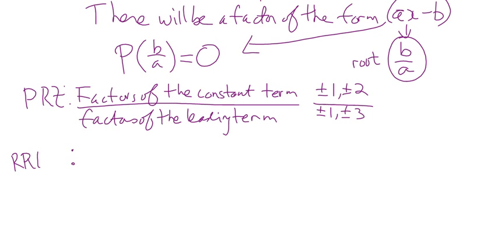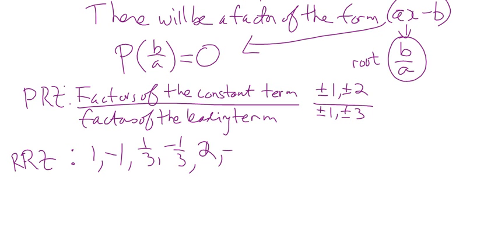1, negative 1, 1/3, negative 1/3. Okay, that's used up the 1 with the 1 and 1 with the 3. So what else? What's next? 2, plus or minus 2.